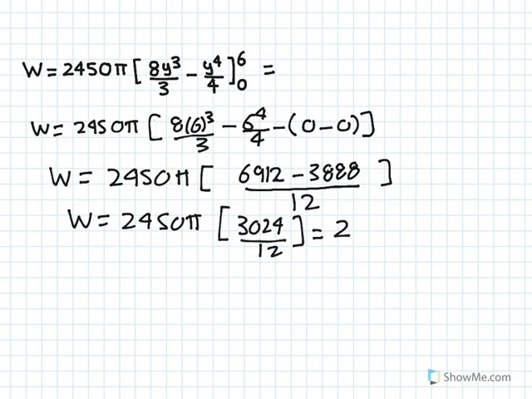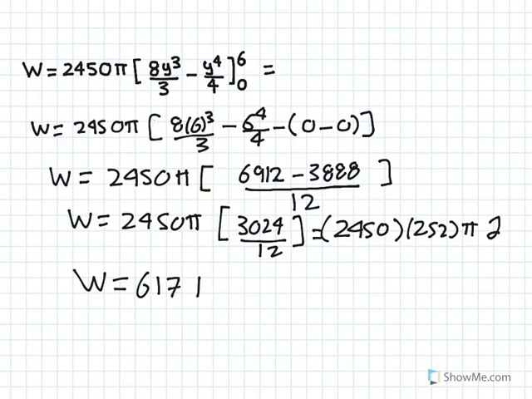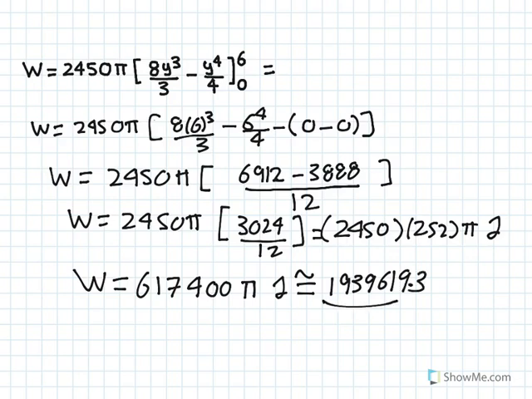So we get 2450 times 252 times pi joules of work needed. Let's simplify a little bit more. The work required is 617400 pi joules. If we decimalize this, we get 1939619.3 joules.